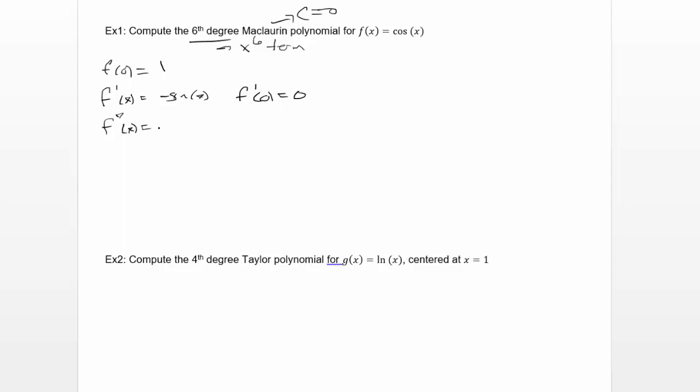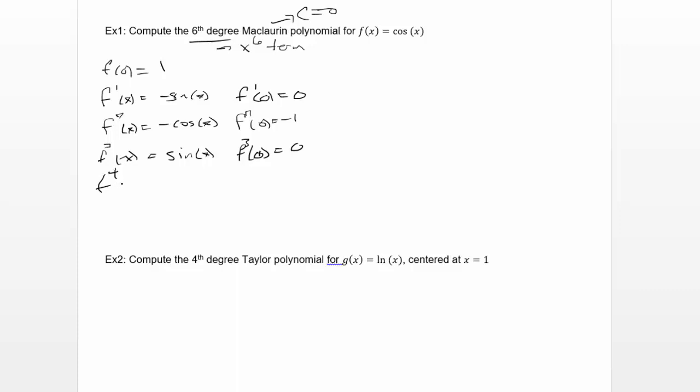Second derivative: the derivative of minus sine is minus cosine. That means the second derivative at 0 is minus 1. The third derivative, the derivative of minus cosine, is sine. So the third derivative at 0 is 0.